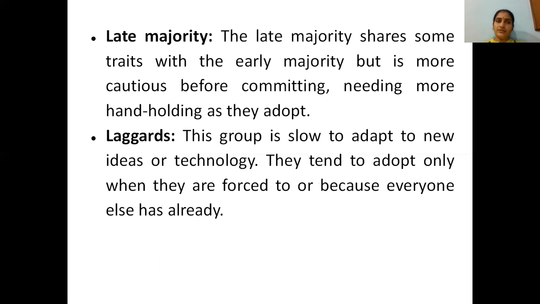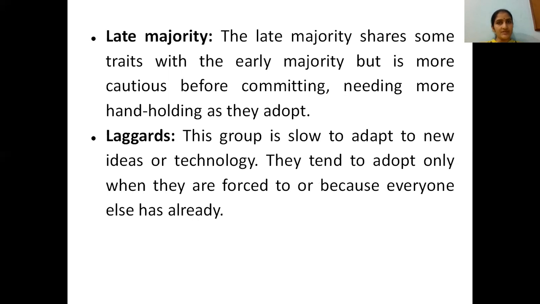Then the fourth comes the late majority. Now, what is this late majority? The term itself says late majority. See, early majority, they will be a little early. And late majority comes once the early adopters category reaches saturation level. So the late majority shares some traits with the early majority, but is more cautious before committing, needing more hand holding as they adopt.